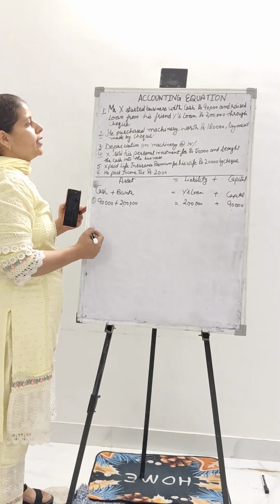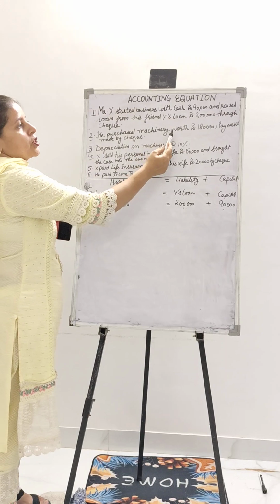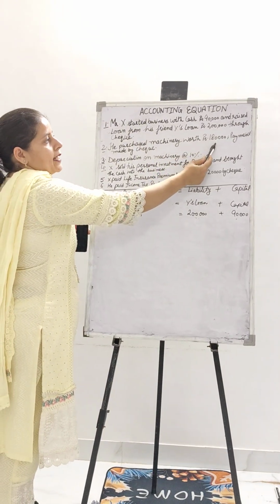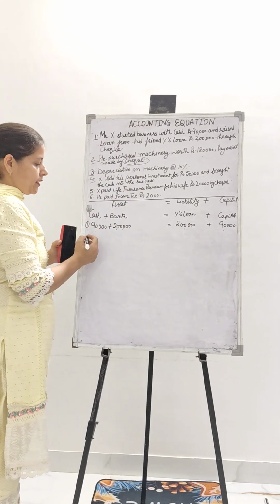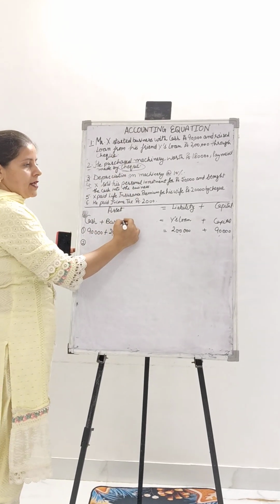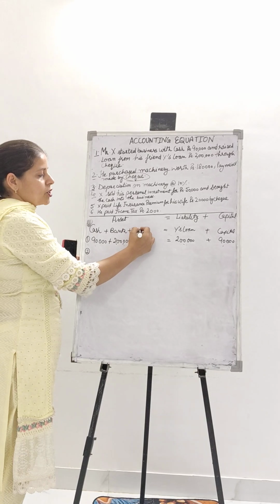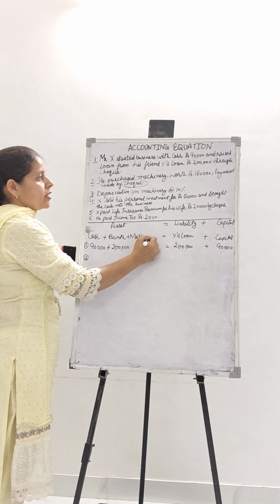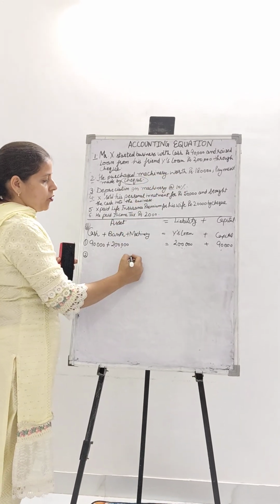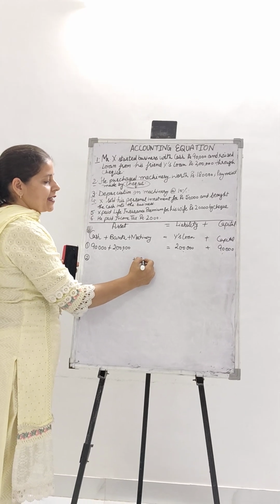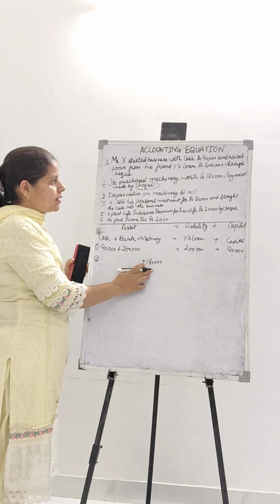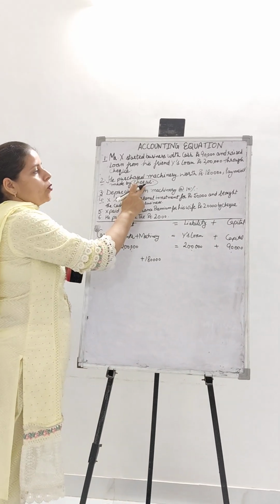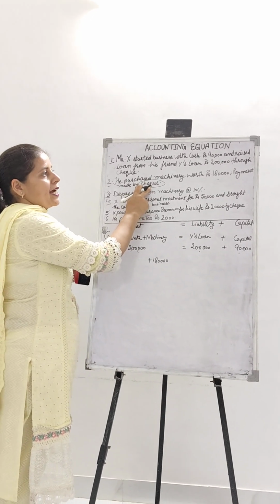Now the second point is he purchased machinery worth rupees 1 lakh 80,000 and payment was made by check. In the business, what is coming in, that is machinery. Machinery he purchased for rupees 1 lakh 80,000. What is going out, that is payment made by check.